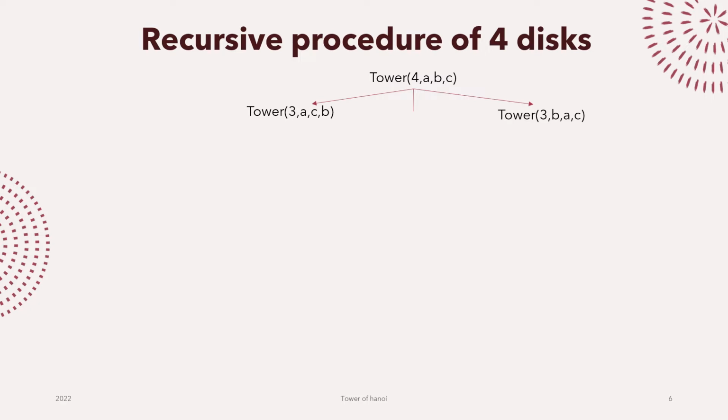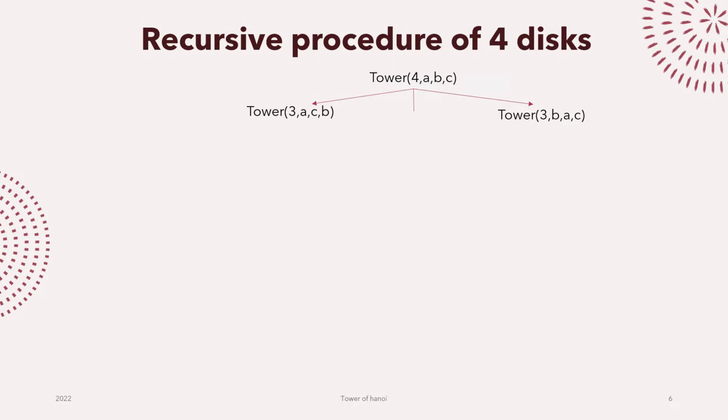In the middle of this function we are doing a print message. If we call the Tower of Hanoi function where n is greater than 0, it will split into two parts.